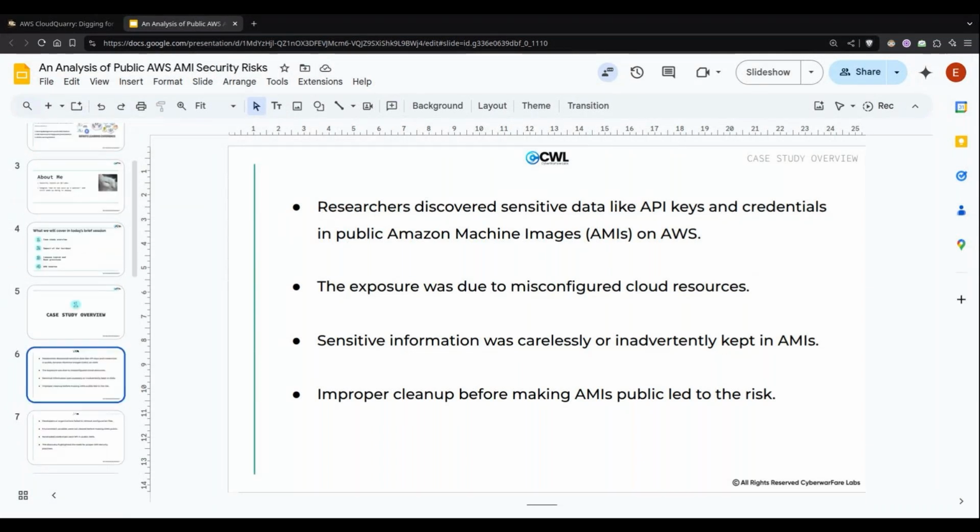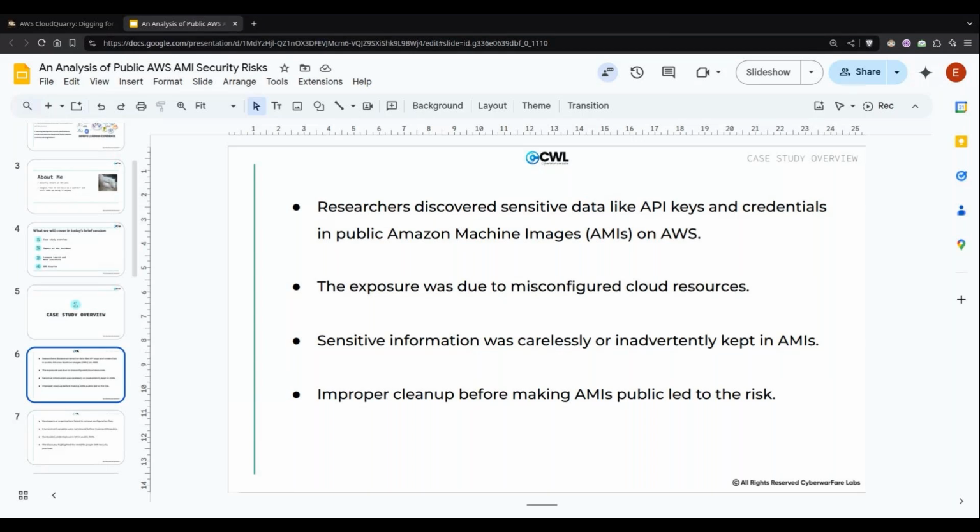Those researchers were able to gather all these images using the AWS CLI. If my notes are correct here, they confirmed 3.1 million AMIs which were public.